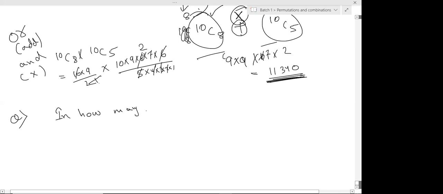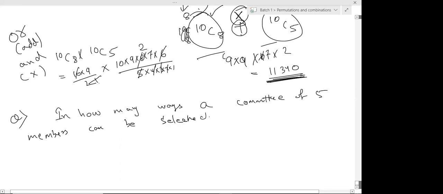In how many ways can a committee of 5 members be selected from 6 men and 5 women, consisting of 3 men and 2 women?